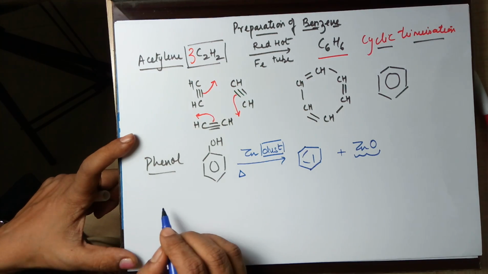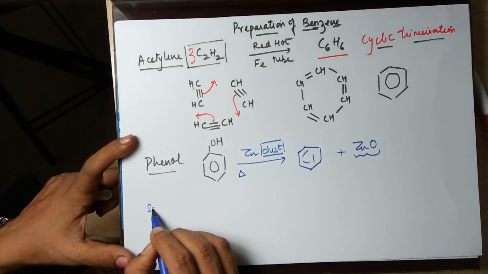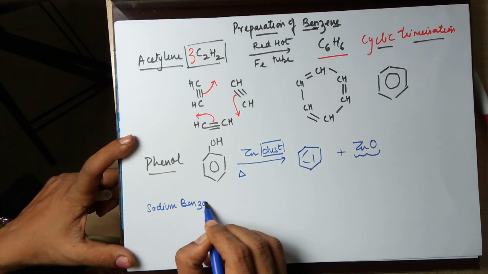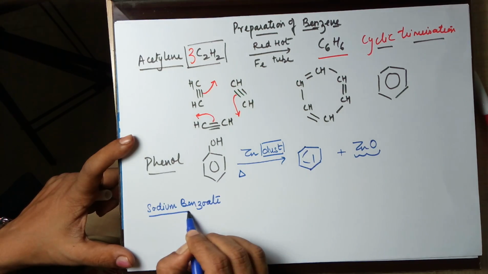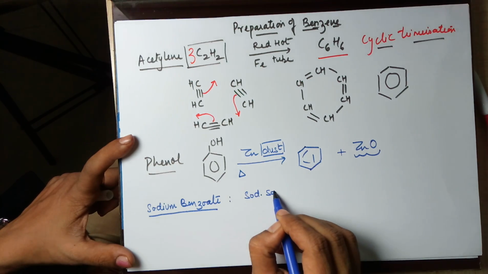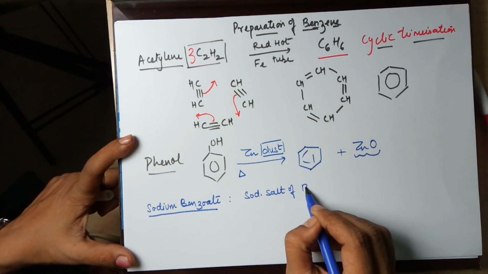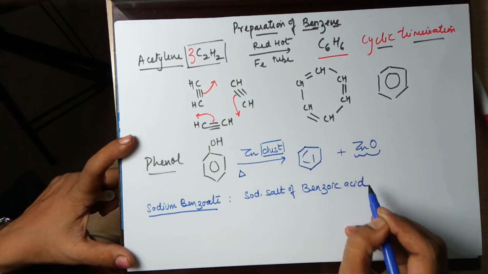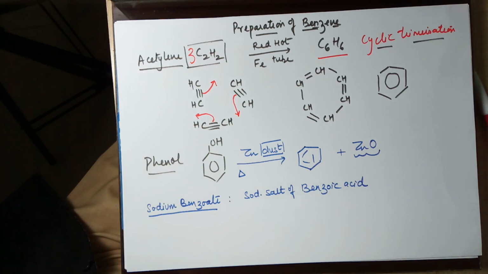The third method of preparation is from sodium benzoate. What do I mean by this? It is the same as a sodium salt of benzoic acid. What is a benzoic acid?